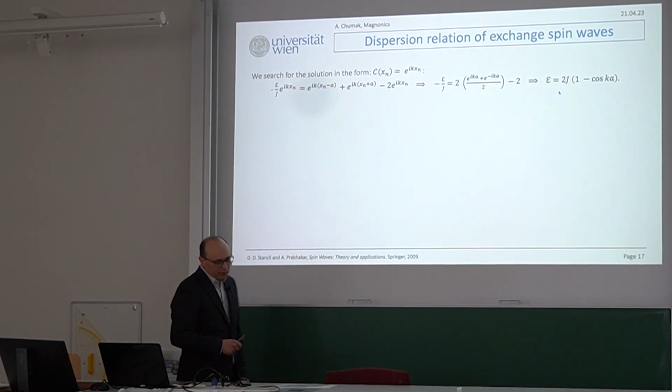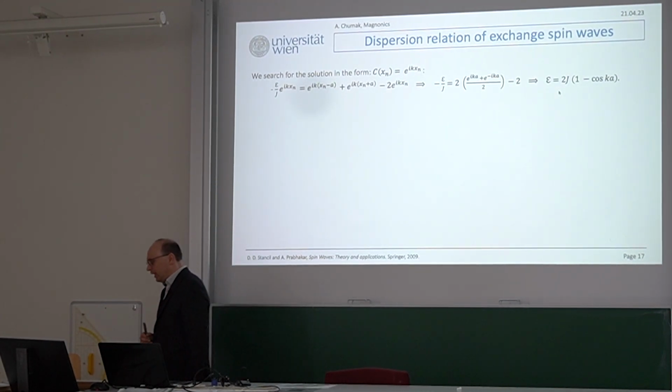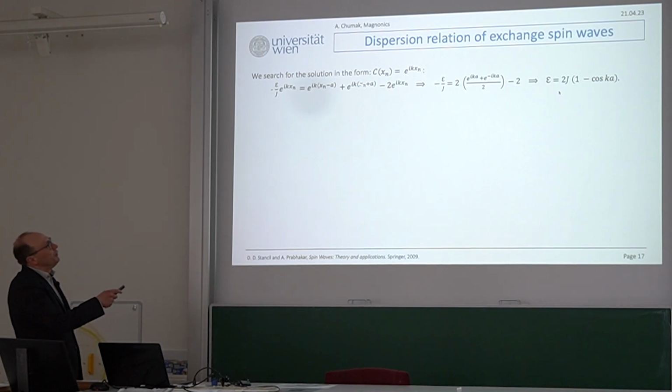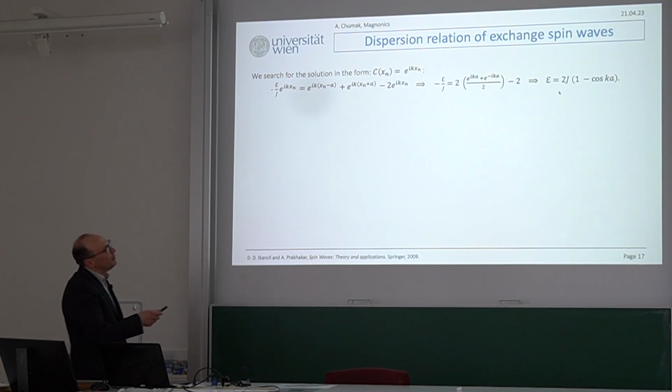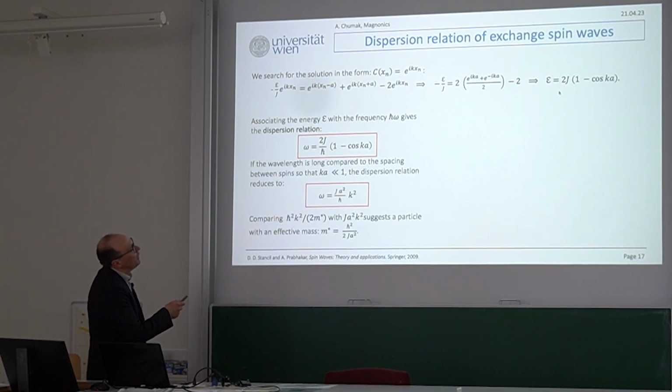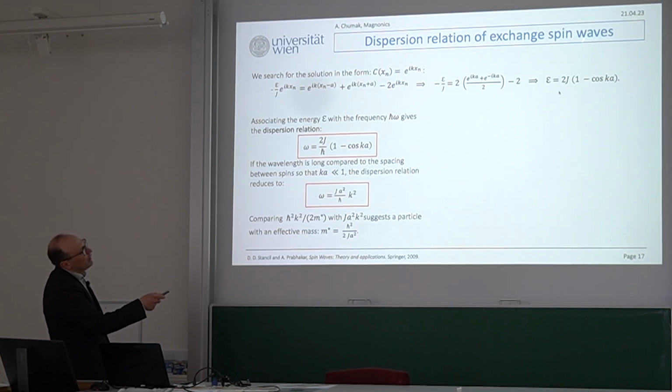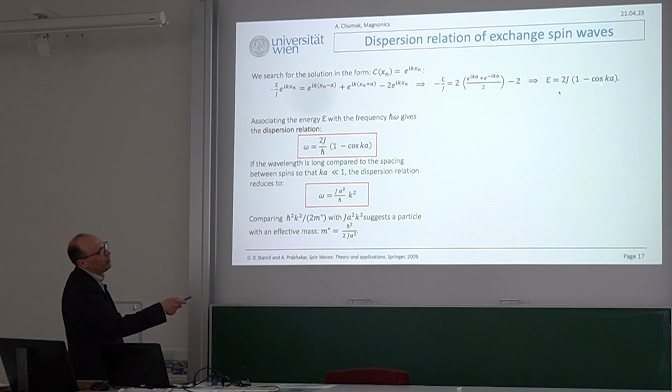To solve it, finally, we again use the ansatz of a plane wave, which is shown here: exponent of i k x_n. We put it inside of our formula, and we will have x_n minus a, x_n plus a, and so on. Then simple mathematics, and we come to the very important formula that energy is equal to J times (1 minus cosine ka), where a is the lattice constant.